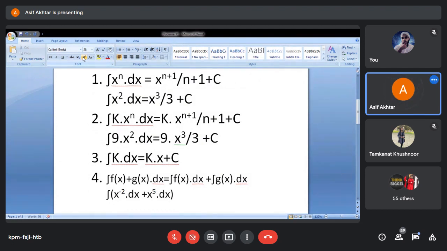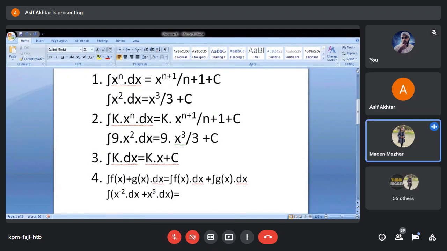Bracket close. Now if we want to take the integration of this, so what shall I do? Integrating both of the functions separately.